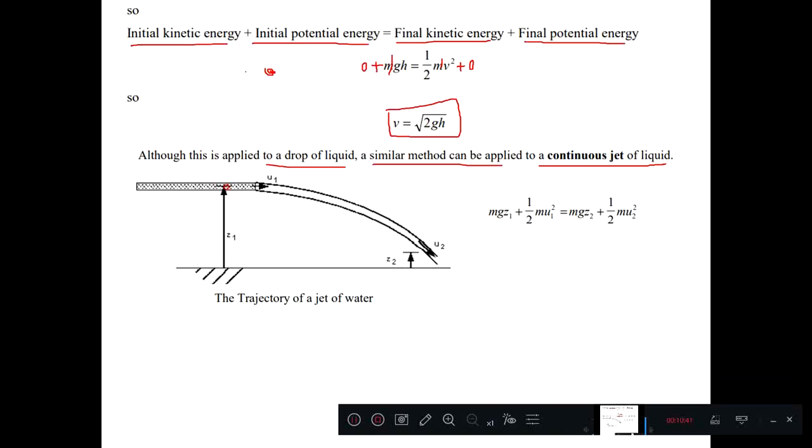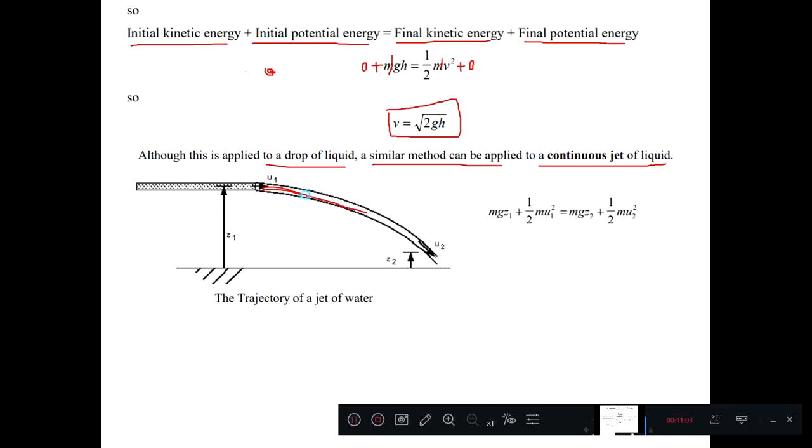Then the velocity also changes from u1 to u2.